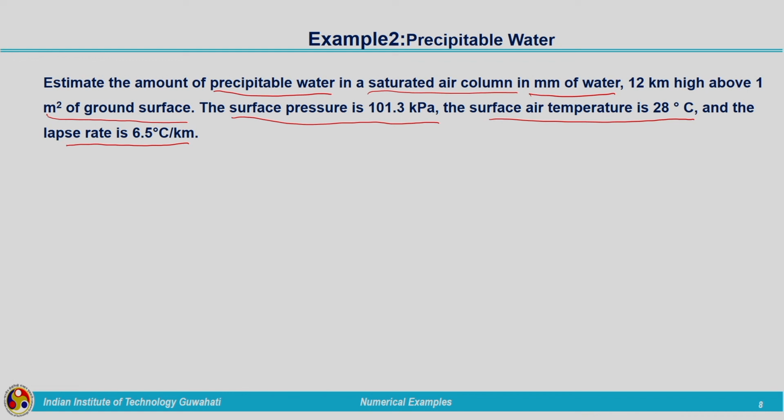So, we are given data for the ground surface temperature, pressure and the lapse rate. With the lapse rate, we can calculate the temperature corresponding to any elevation, and so the corresponding values at different elevations.